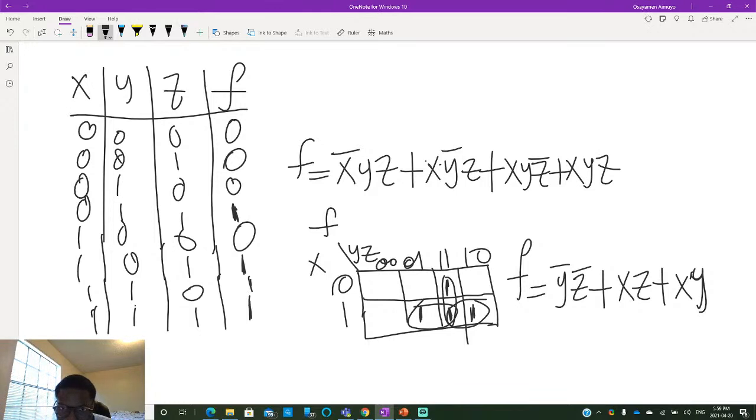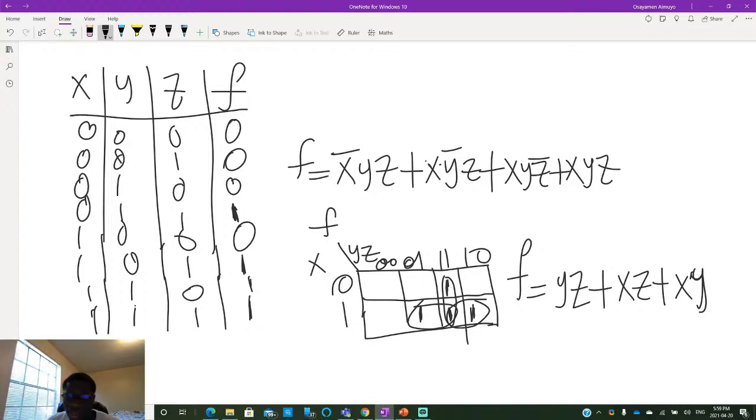So we have Y bar Z. Okay, not bar. So it should be YZ. Okay, YZ, XZ. Yes, correct. And XY as well. Yes, that is the case.